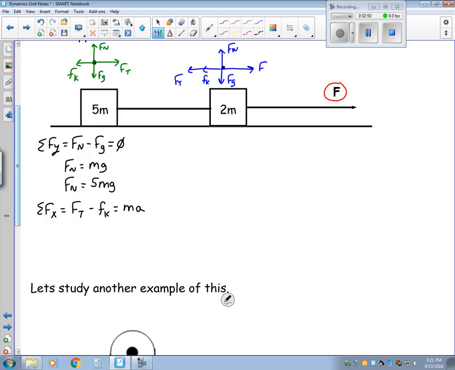So then that means tension minus mu times the normal force, and now remember friction is the coefficient times the normal force, and the mass is 5m. I just found out what the normal force was in the line right here.